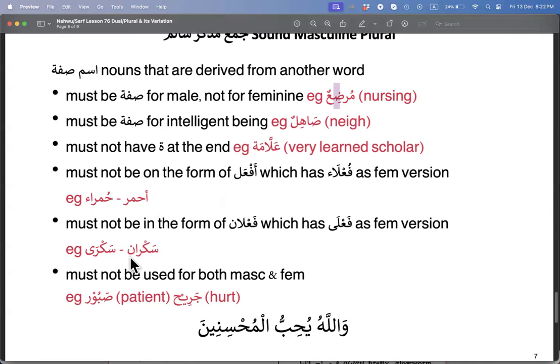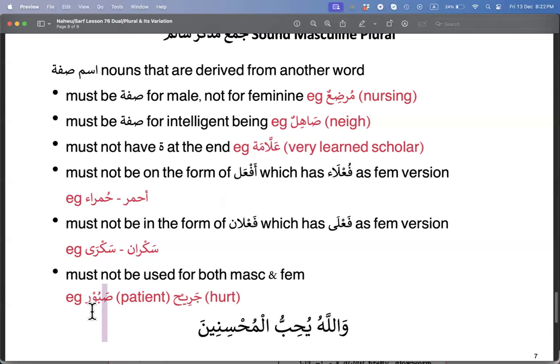And the last one, it must not be used for both masculine and feminine, a sifah for both masculine and feminine, but this is only certain kinds of words, like sabur is one and jarih is one. So you don't add una for this kind of words.